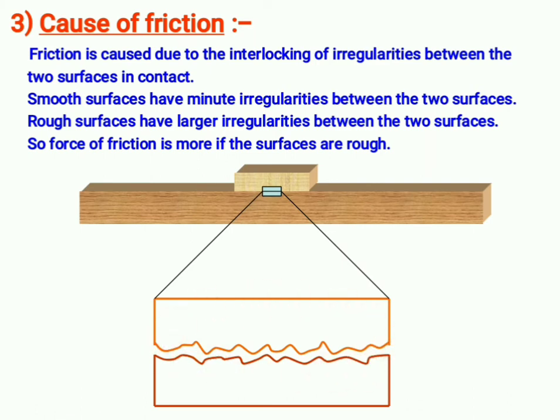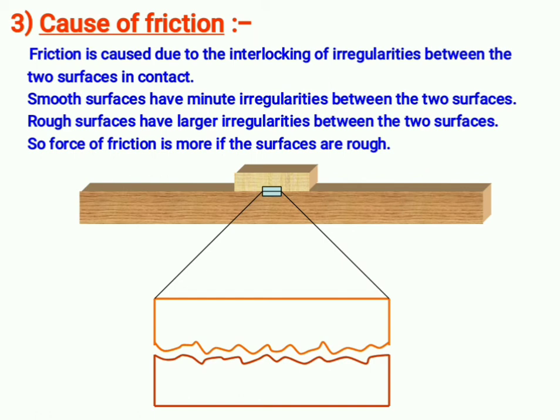Can you see here? This is the top object and this is the bottom object, and can you see the surface of contact? All the objects or all the surfaces have these irregularities, and these irregularities are not seen through our naked eyes. Sometimes we may feel that the object is smooth, but it is not smooth, it has irregularities.